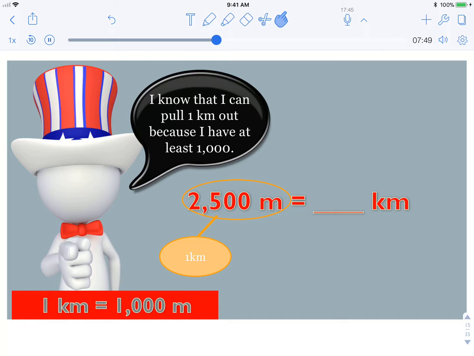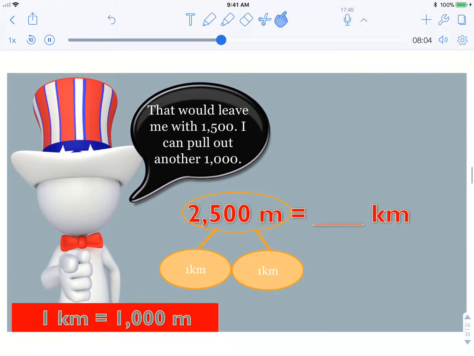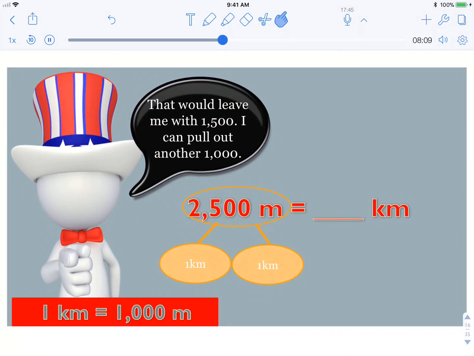So let's go through this. I know by looking at 2,500 meters, I can pull 1 kilometer out because I have at least 1,000. That would leave me with 1,500. I can pull out another 1,000, can't I? So now I've pulled out 2 kilometers.